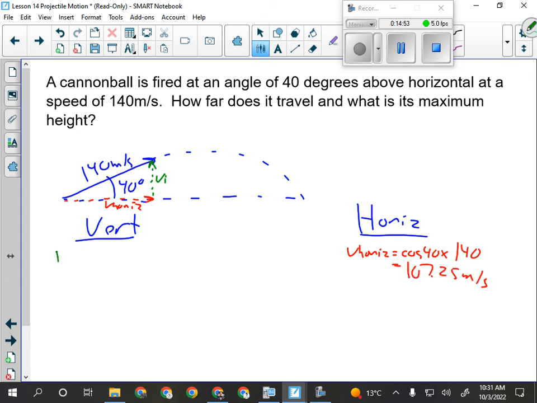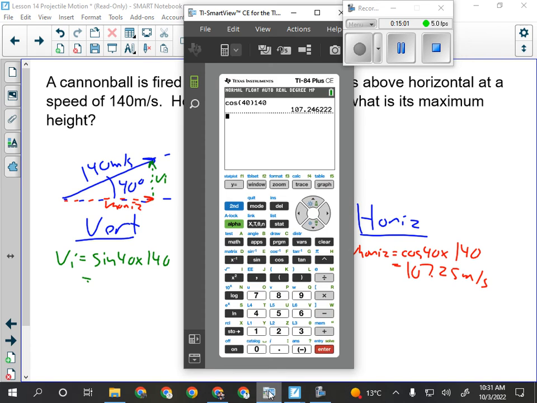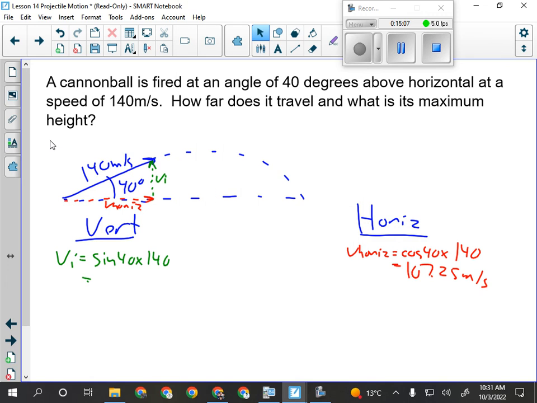Then we'll have our initial vertical velocity, which will be the sine of 40 times 140, so 89.99 meters per second, and that's going to be positive. Since they don't tell me otherwise, can I assume that the landing point is level with the launch point? Yes. So that means VF is going to be negative 89.99, sorry.